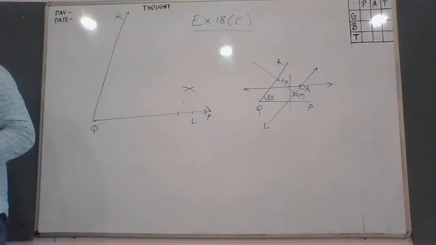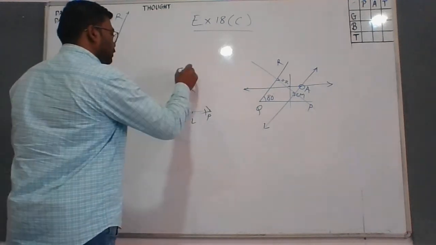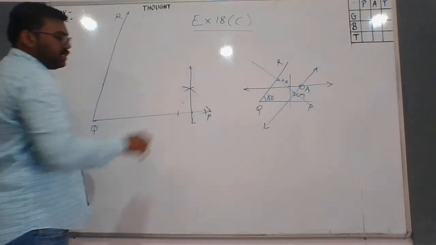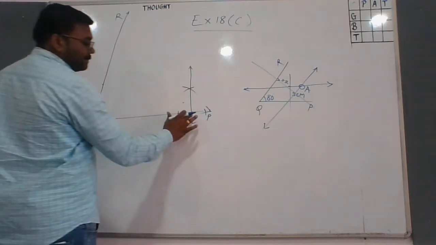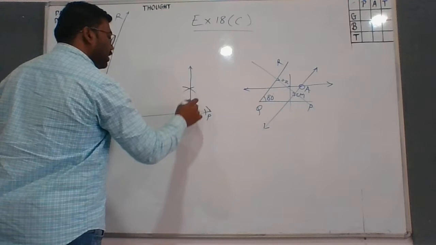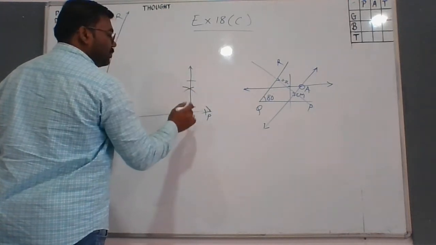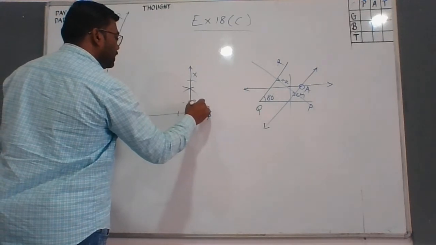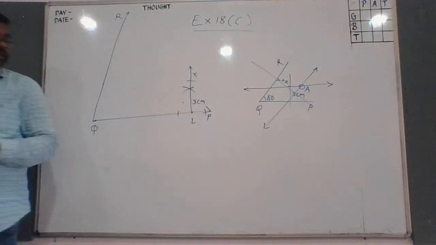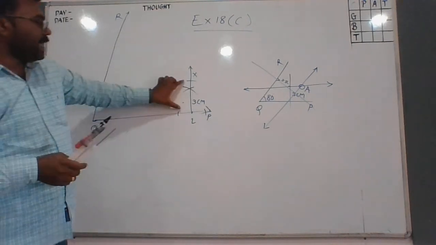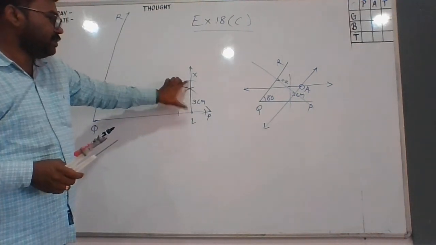Okay. We want this distance as 3 centimeter. So with the help of our compass, we will cut an arc, say X. Means XL is 3 centimeter. Correct?